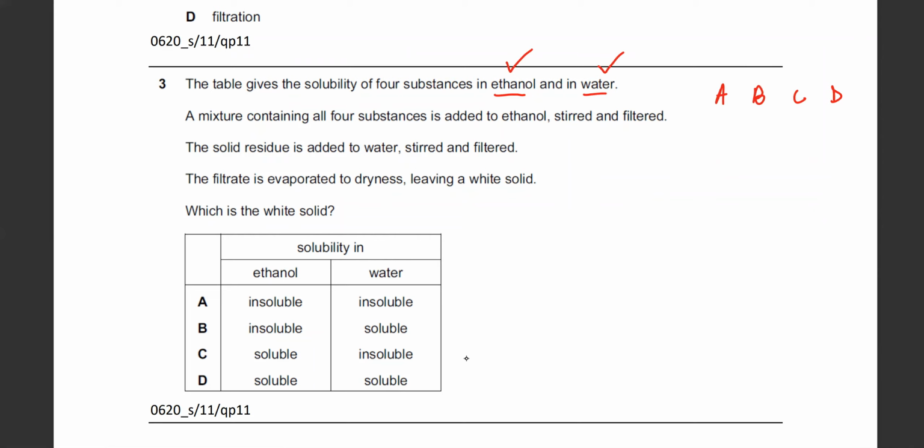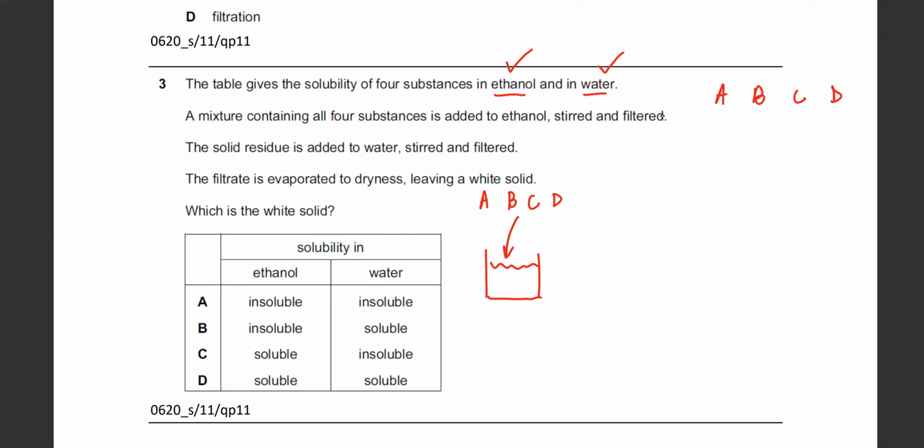They haven't named them. So you're seeing a mixture containing all four substances is added to ethanol, stirred, and filtered. So what is he doing? He takes ethanol. Let's say he takes it in a beaker. He adds all four substances. He adds A into it. He adds B into it. He adds C and D into it.